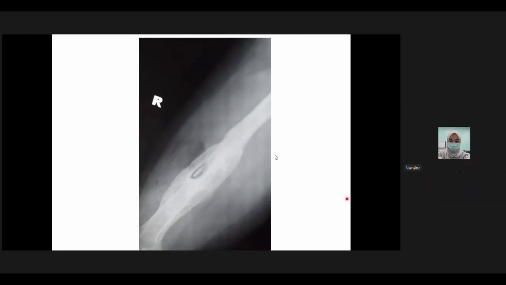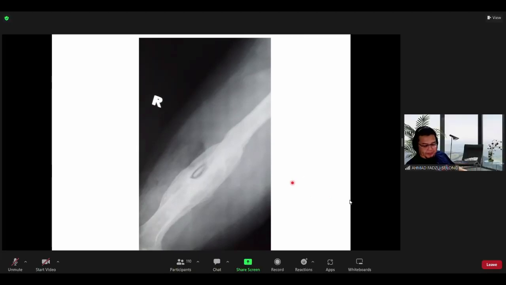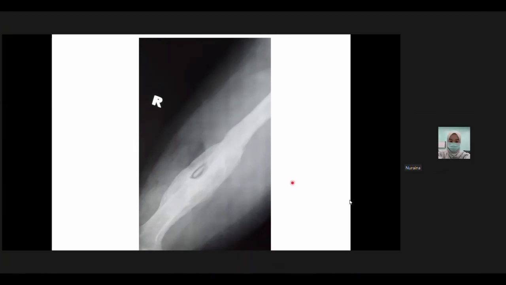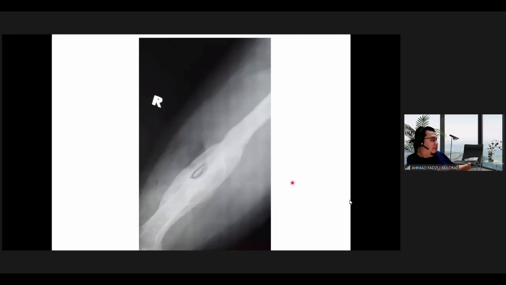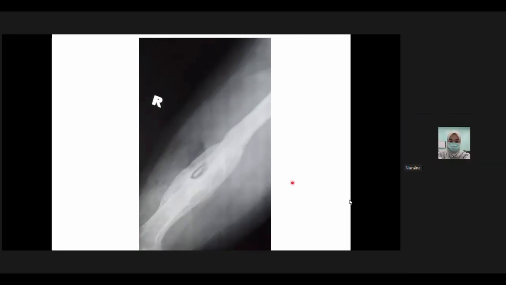So there is... What is there? Involucrum. What is involucrum? The encasement of the dead bone. Okay, dead bone, where's the dead bone? Dead bone is sequestrum. Okay, which one?